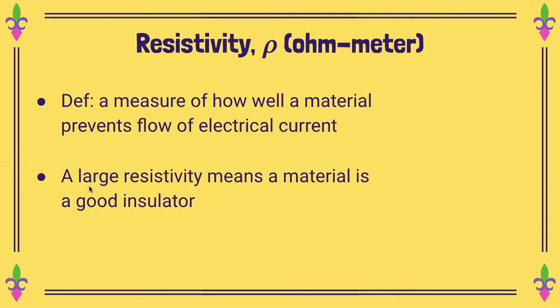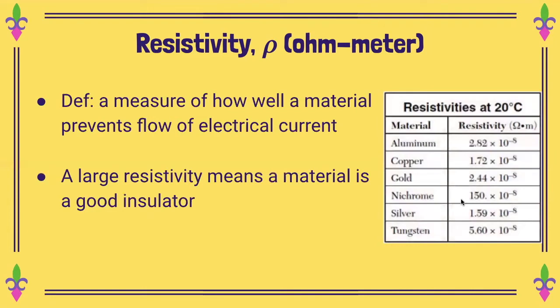So a large resistivity must be a good insulator. A low resistivity, like silver, look how small the silver resistivity is, right? 10 to the negative eighth. Silver's resistivity is so small because silver is such a good conductor.